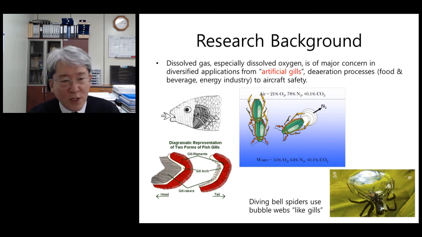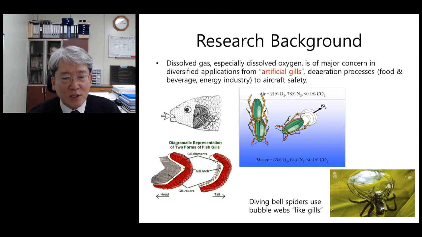My topic today is on the dissolved gas and its extraction through a process of so-called degassing. It has long been the interest from scuba divers whether human beings can breathe underwater like a fish or insects like diving bell spiders.